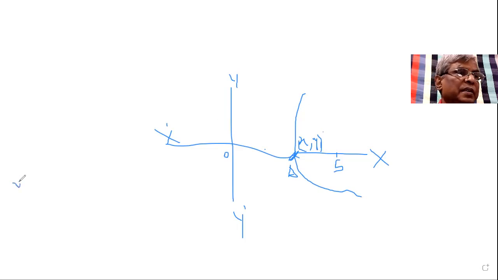Generally our equation of parabola is either y square = 4ax or x square = 4ay.